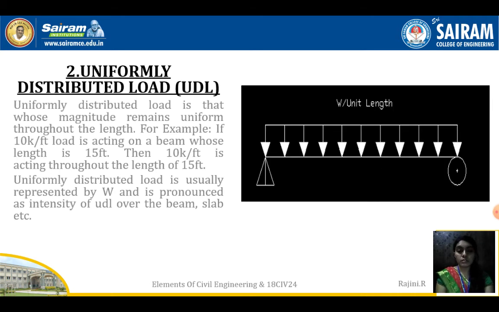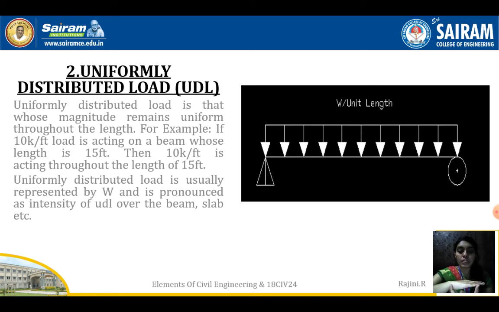Next one, uniformly distributed load, that is UDL. You can see how the UDL will look. You can see, from point A to point B, from the left side to the right, the same intensity, right? Having the same intensity means, for example, this is a beam, and the load above acts the same throughout the length.